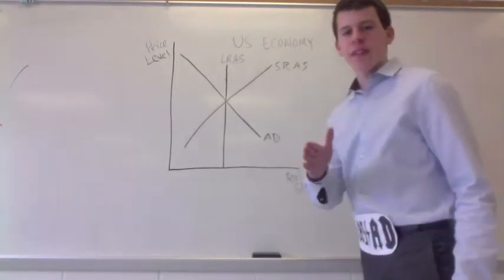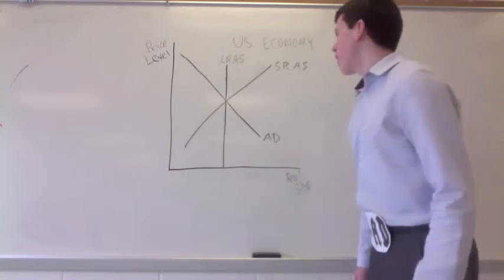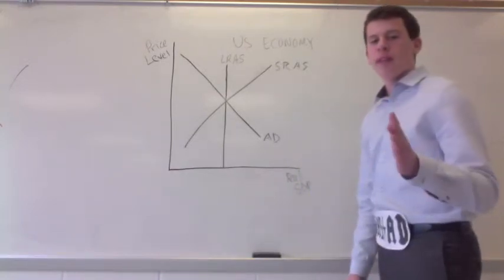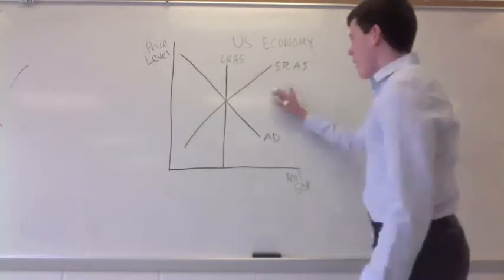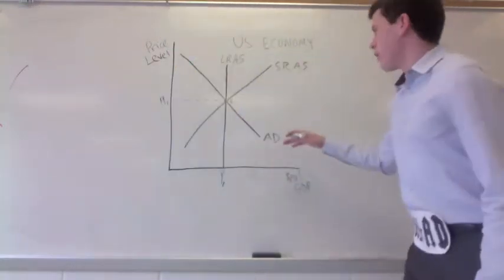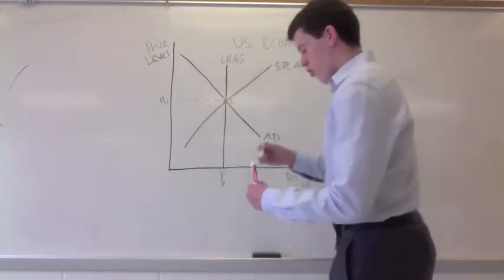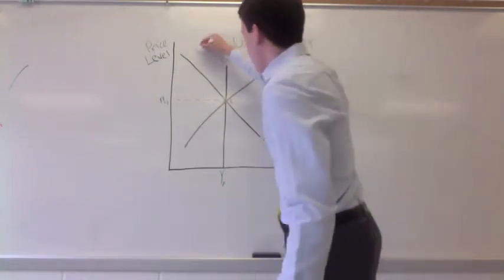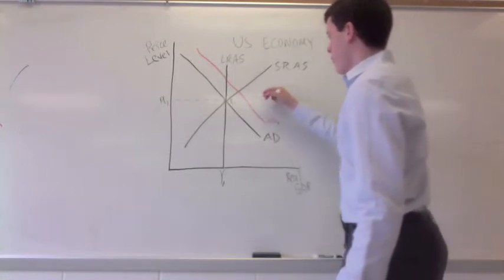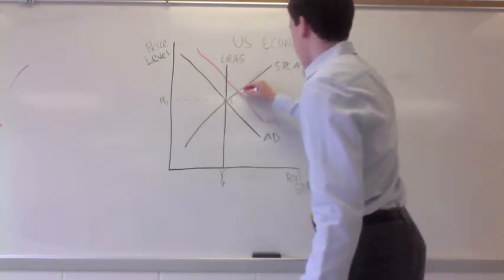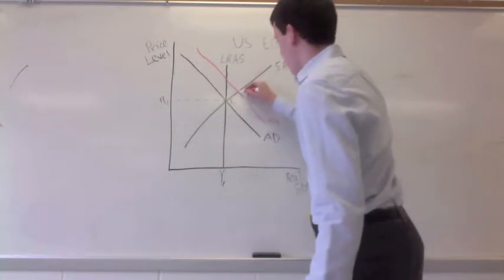Now let's look at shifts in the aggregate demand curve. This can result from many different fiscal policy actions, which we will go over later. Let's say aggregate demand is shifted to the right. The new aggregate demand curve intersects SRAS at this point right here.